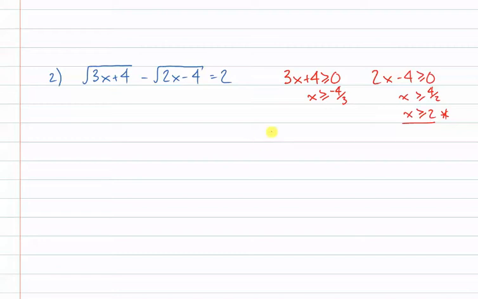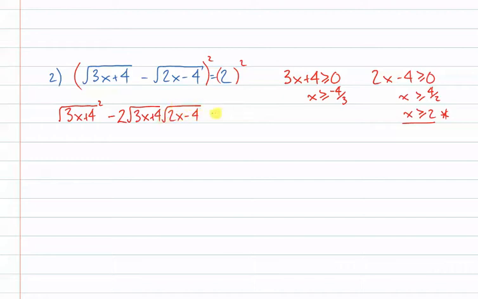Okay. Now, I am going to take the entire left side. There's like a binomial. I'm going to square it. I'm going to square the 2. So this looks like 3x plus 4 squared minus 2 times 3x plus 4 times 2x minus 4, then lastly plus 2x minus 4 squared equals 4.